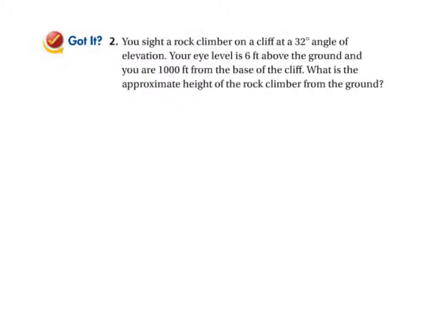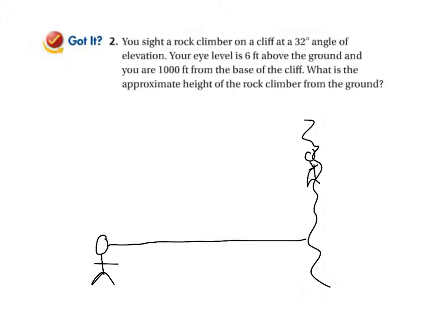All right, so here's your rock wall, and here's your climber climbing up there. And then you're down here looking up at this rock climber. It says that you have a 32-degree angle of elevation. But what's different about this one is it tells you about your eye level. Here's your eye level right here, which happens to be 6 feet here.